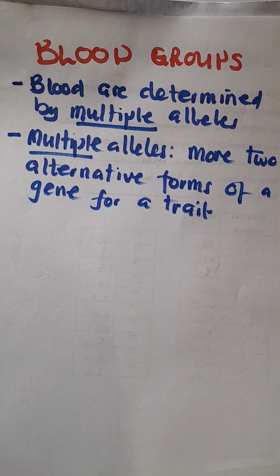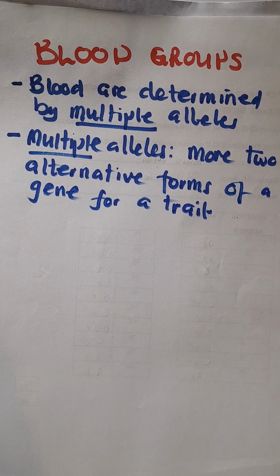In his second law, Mendel indicated that an organism has two factors for each characteristic, which segregate so that each gamete is going to have only one factor. So we are borrowing those words of Mendel to apply this concept to blood groups. Now, multiple alleles are more than two alternative forms of a gene.